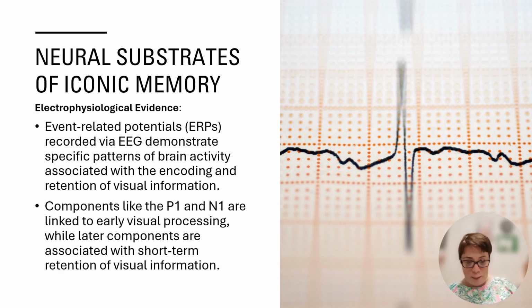And components like P1 and N1 are linked to early visual processing, while later components are linked with short-term retention of visual information. So something that you would find in short-term or working memory, for example.